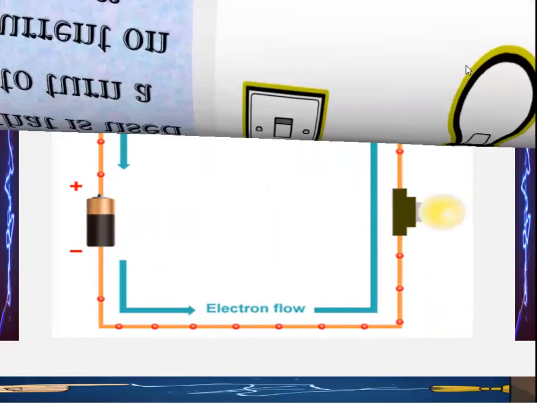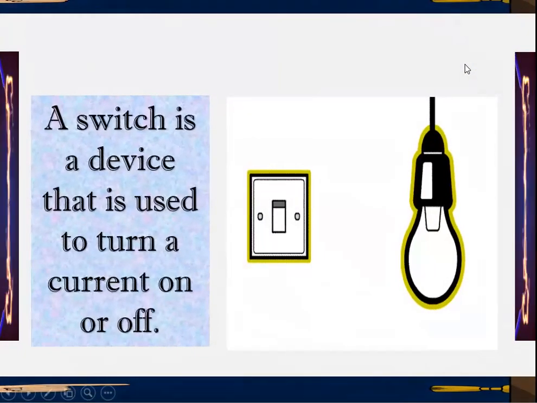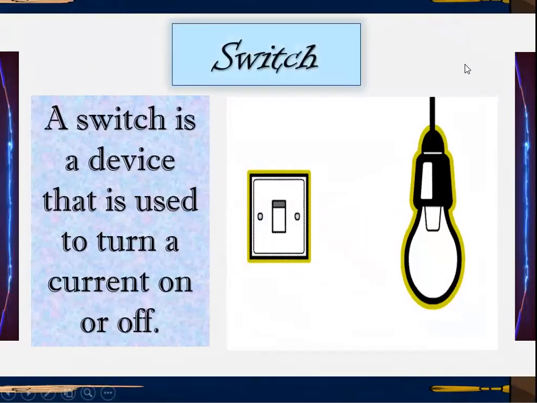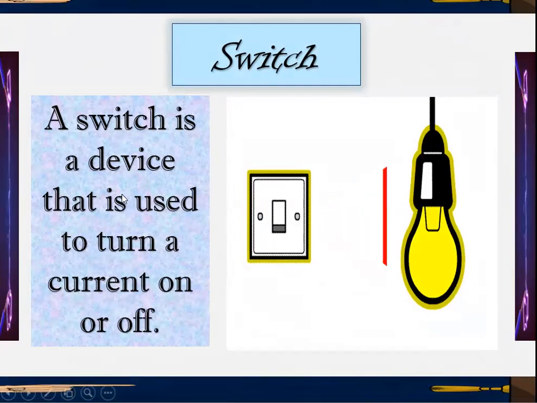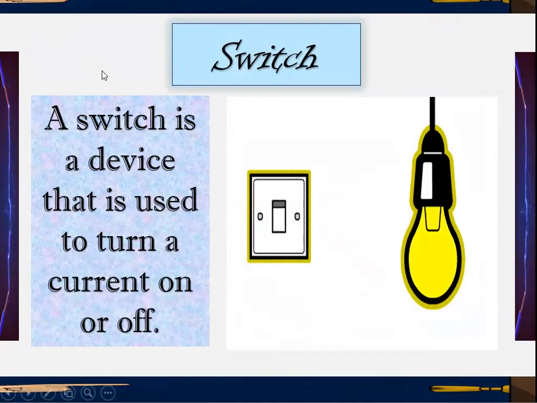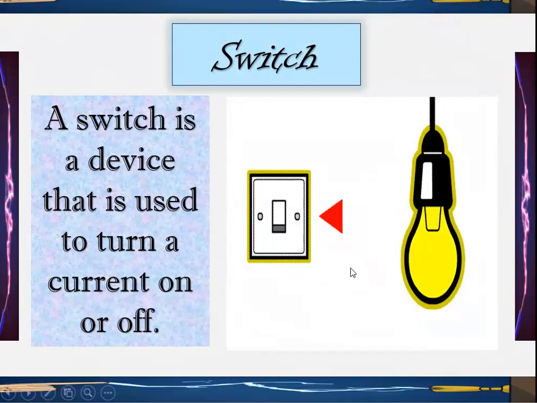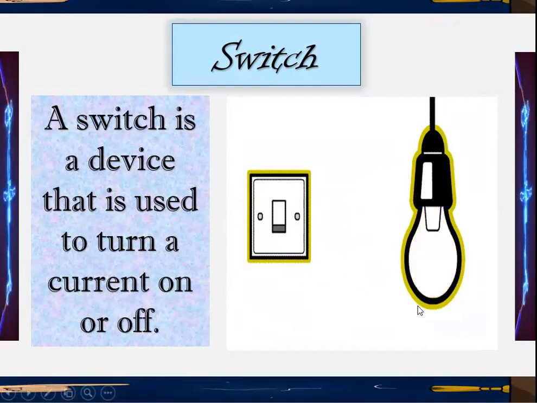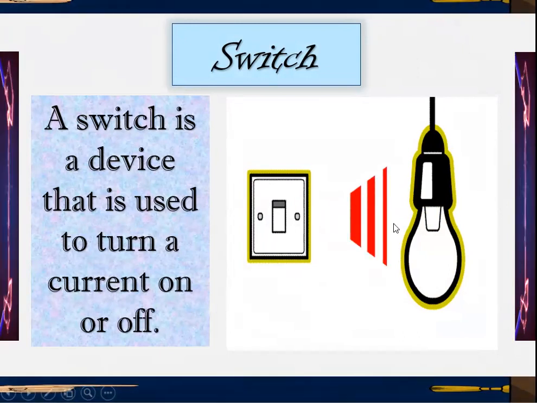Now we come to the switch. Students, a switch is a device that is used to turn a current on or off. The switch forms a bridge in the path of the flow of electricity.